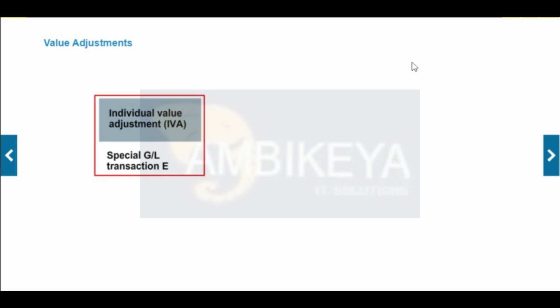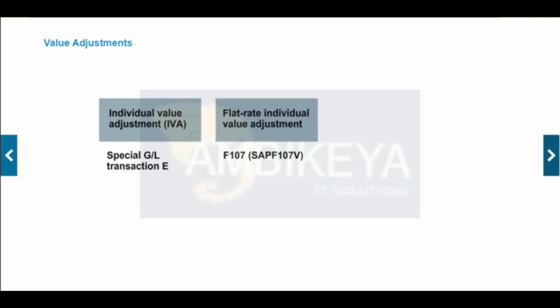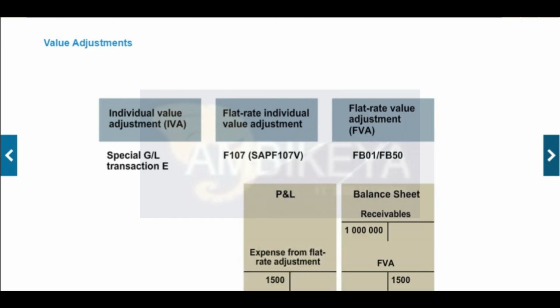You enter individual value adjustments, or IVA, as a special GL transaction E. You use program SAP F107 additional valuations to carry out a flat rate individual value adjustment. Once you have determined the amount of the value adjustment, you adjust the flat rate value by making a manual GL account posting. The posting record is expense from flat rate value adjustment to value adjustment.